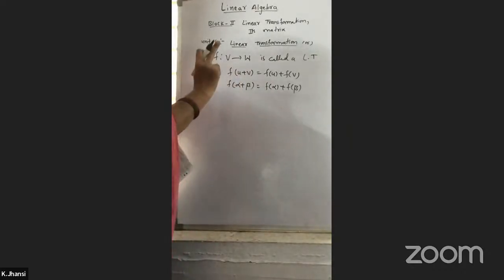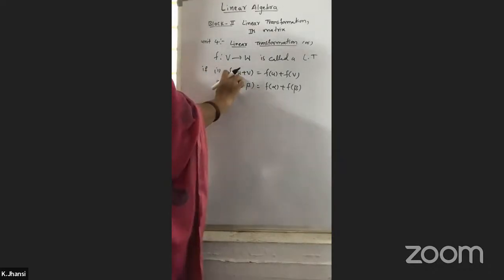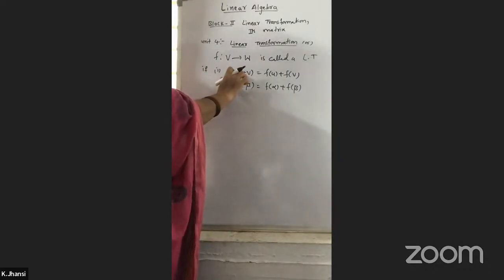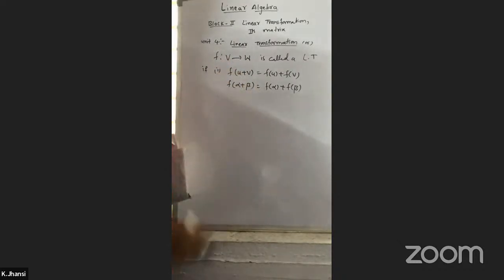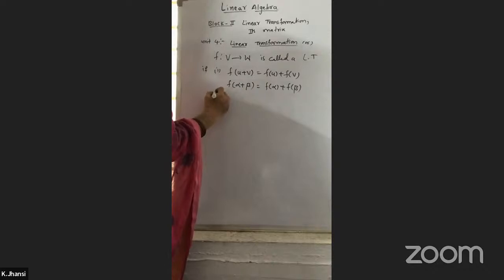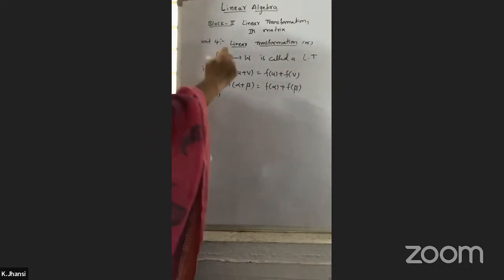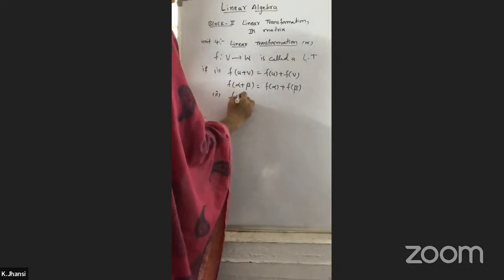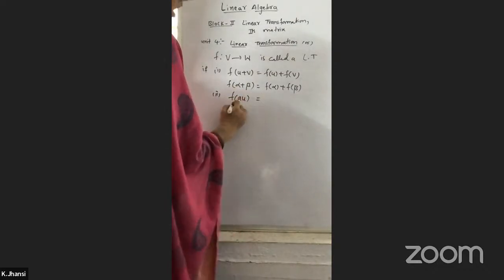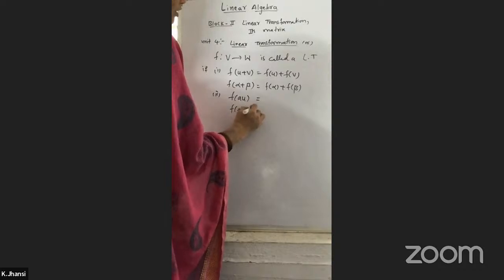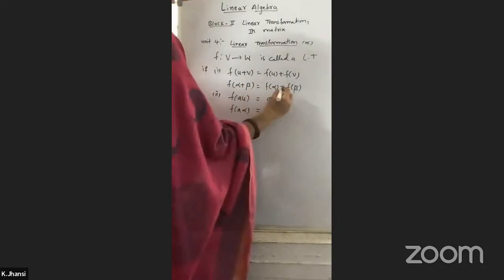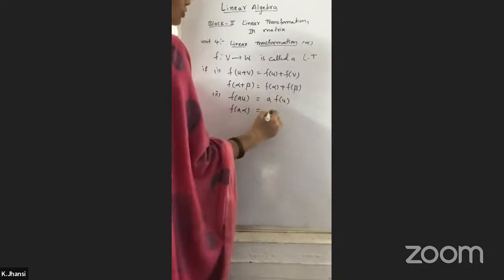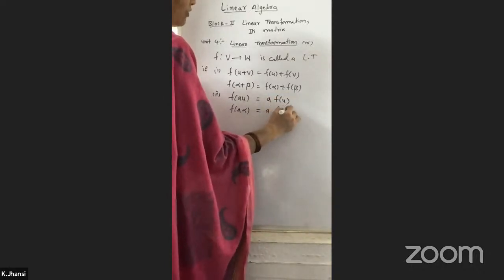Okay, starting vector space, I have told that two vectors, when you add them and whatever the addition symbol is there in between of the two vectors, then we call it as a vector addition. Okay, second condition is the scalar multiplication. So F of a into U, or you can take a into alpha. Okay, so a into alpha, a you take outside, then into F of U. Here a into F of alpha.